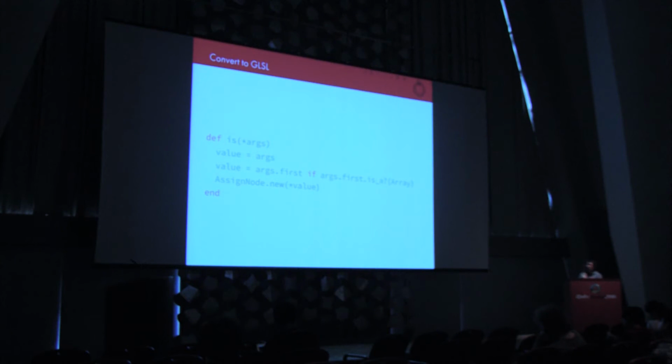This code is about my type definition, which I will introduce next. So when we call the is method, first it will save the type, and the other things will be expressions.